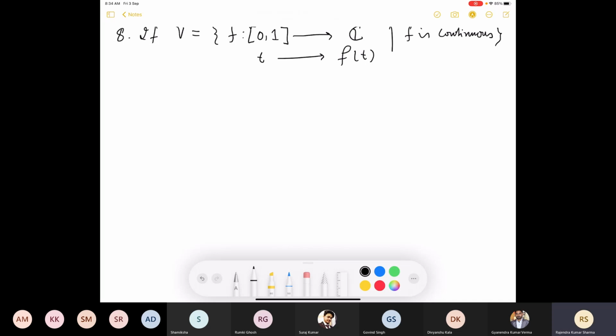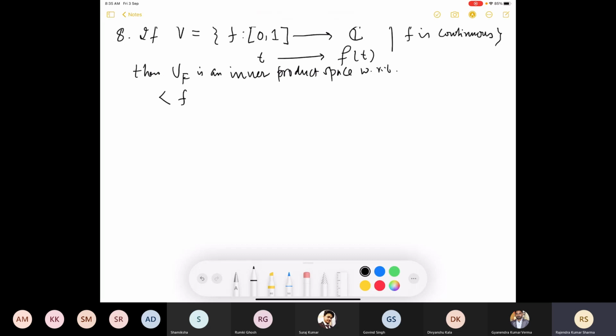You can check that this V over F is a vector space and is an inner product space with respect to the inner product defined as follows.